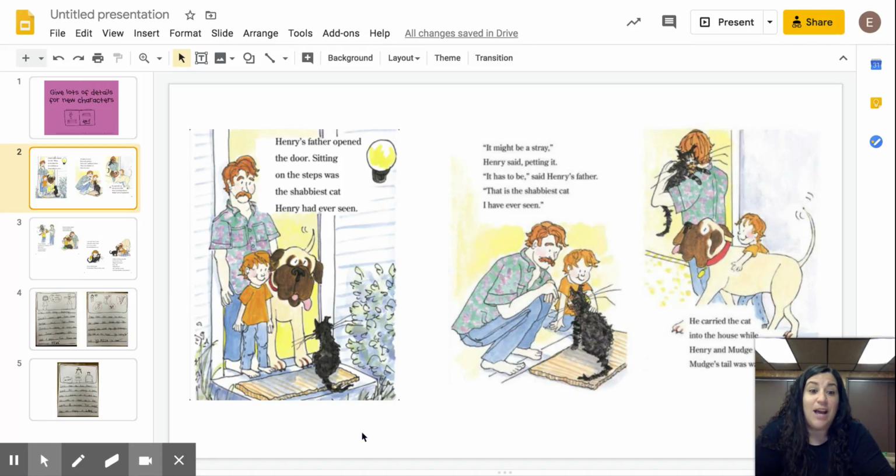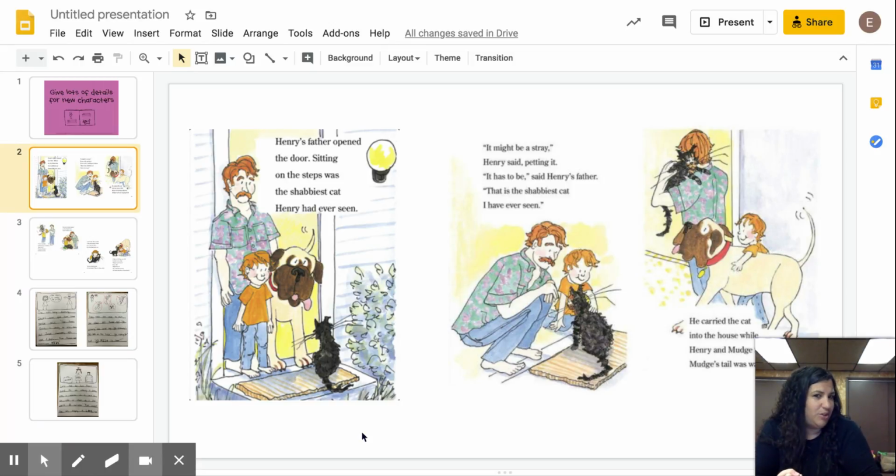This is the shabbiest cat I've ever seen. He carried the cat into the house while Henry and Mudge followed behind. Mudge's tail was wagging.